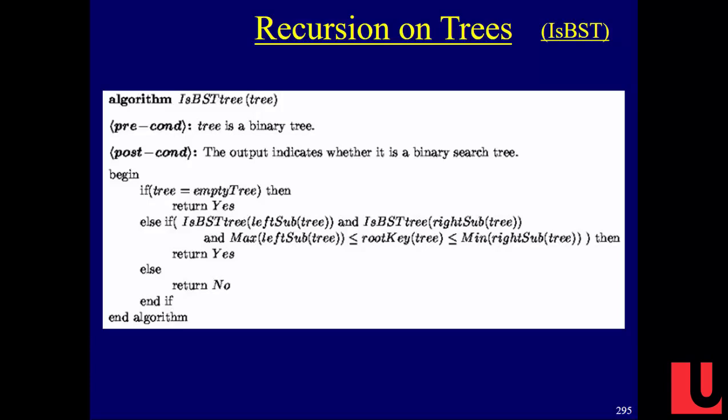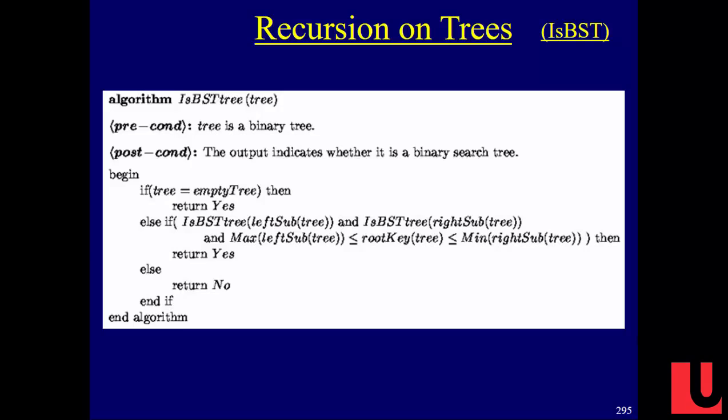The left and the right need to be, and everybody on the left needs to be less than the root, so I say the max on the left has to be less. And everybody on the right has to be bigger, so I say the min has to be bigger. Everybody like this code? Does it give a good answer?